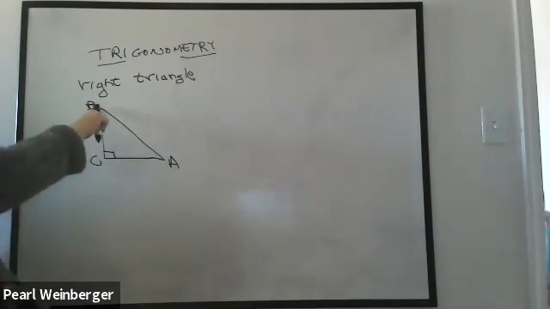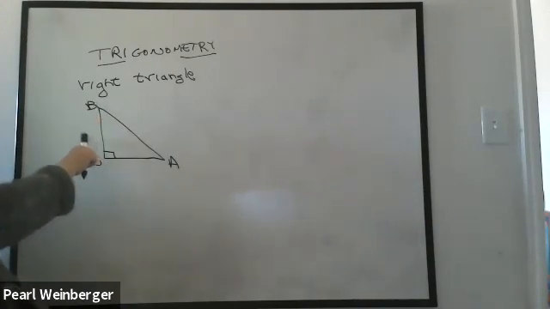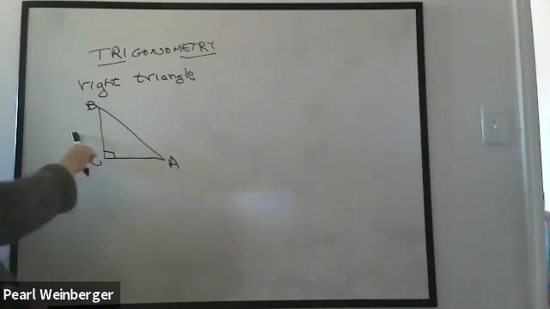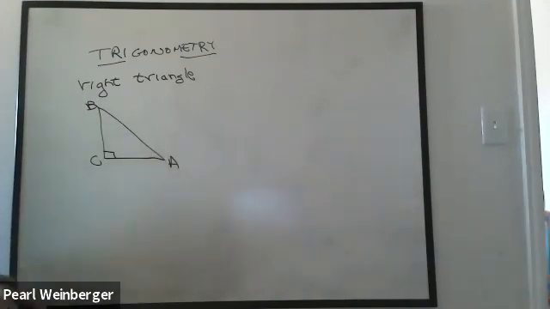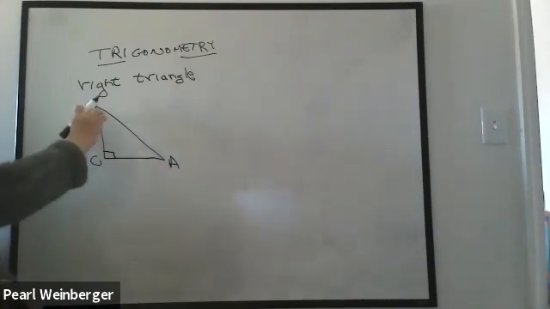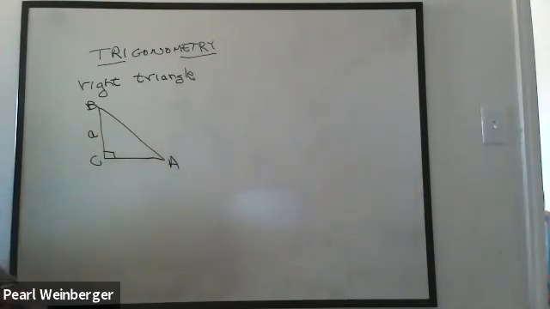Let's say I wanted to talk about this side BC. If you notice, BC is attached to B, it's attached to C, it's not attached to angle A, it's across. It is opposite angle A. Since it's opposite angle A, we call it small a.